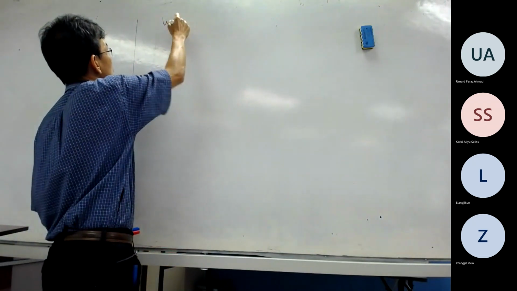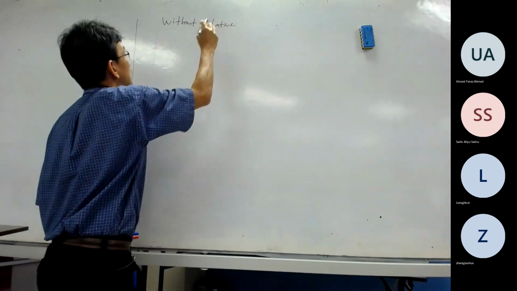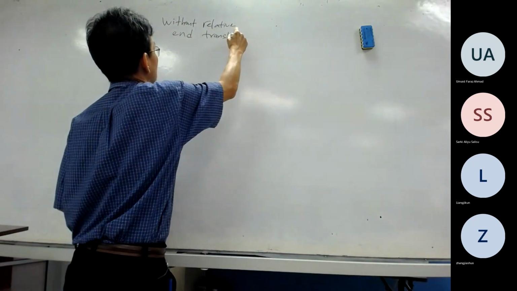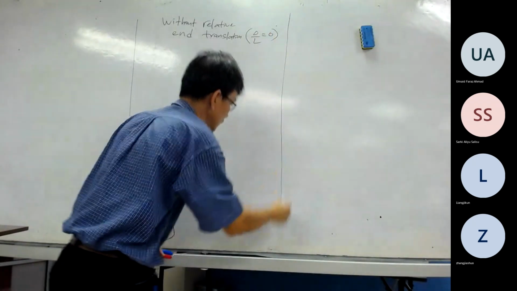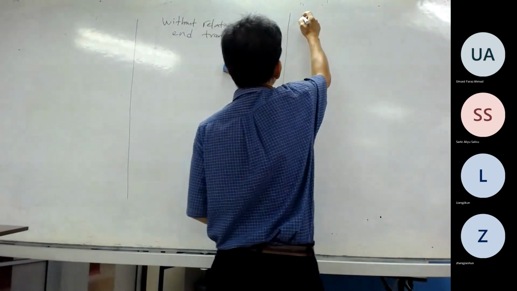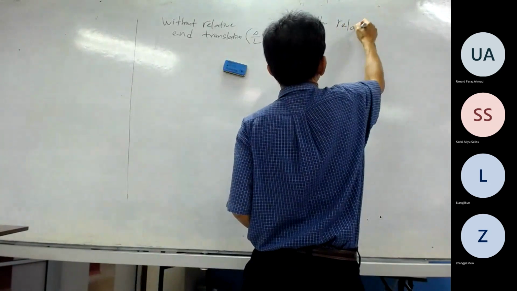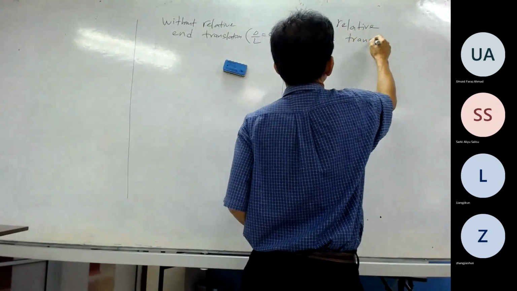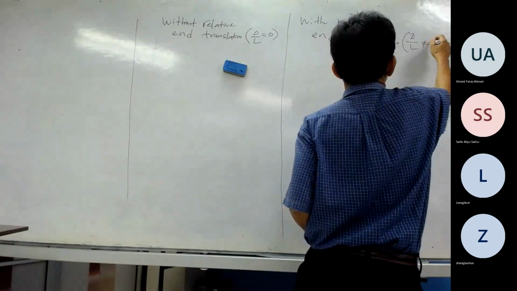The first is without relative end translations, meaning that delta over L is 0. The second case is with relative end translations, which means delta over L is not 0.